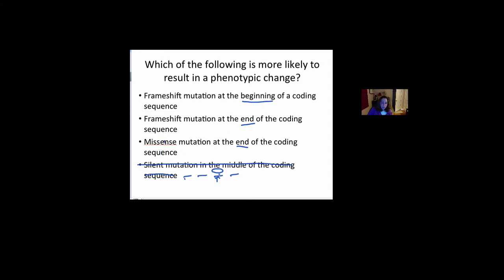So a missense mutation at the end maybe could generate a phenotypic change, but it's asking which of these answers is more likely to result in a phenotypic change. So I would narrow it down to a frame shift mutation at the beginning or a frame shift mutation at the end.